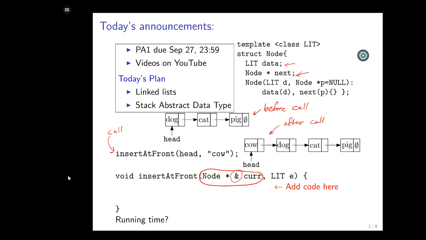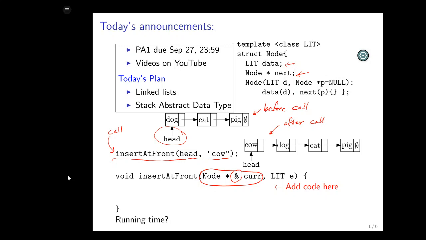The caller of this function, the person that wrote down insert at head cow, wants head to be changed. They want the output to no longer have head pointing to dog. They want head to point to cow, the new beginning of the list.